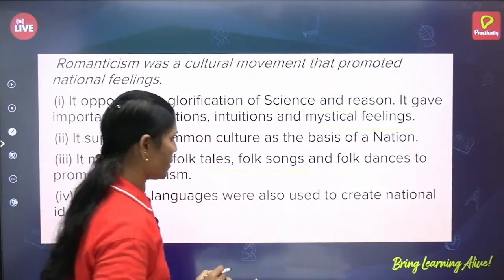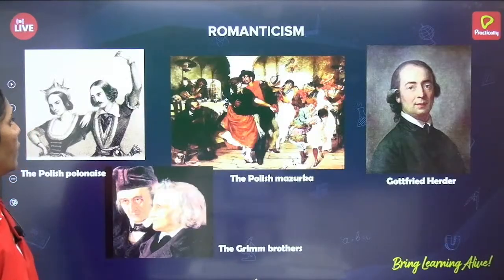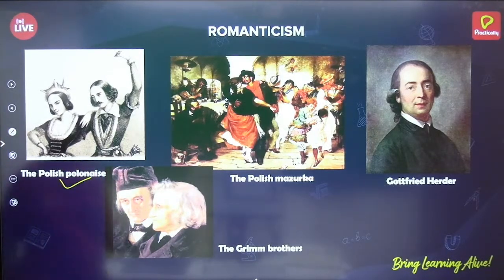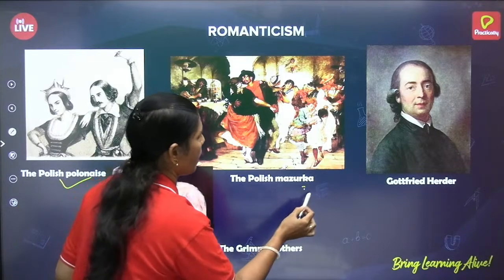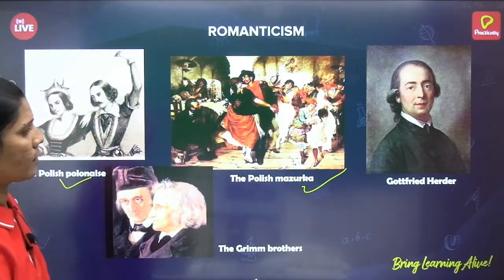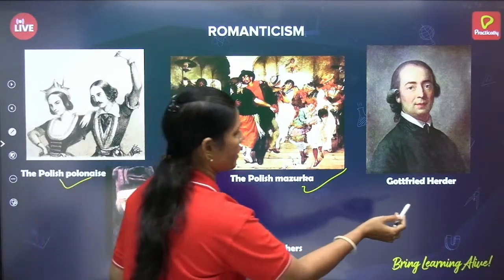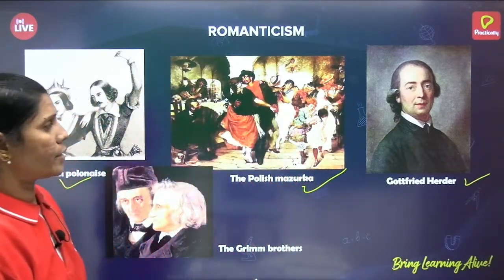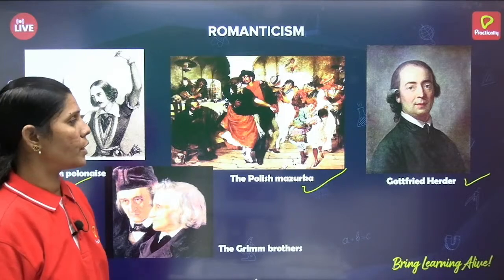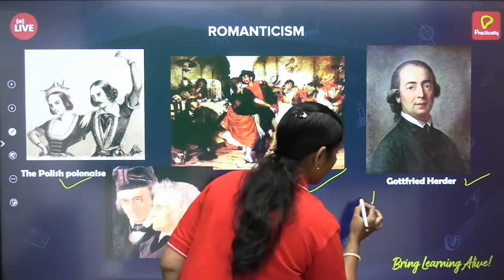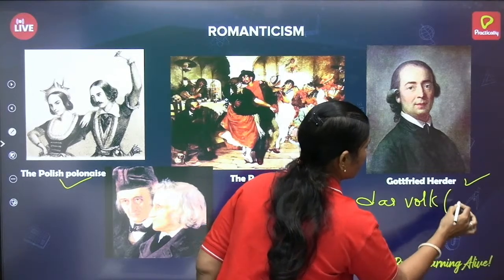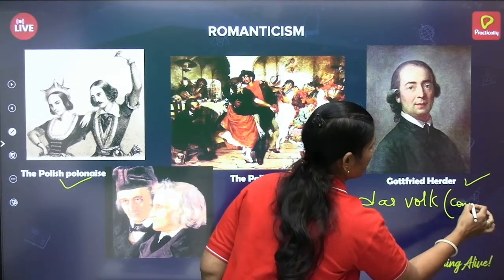One more time here, I can see here. See, the Romanticism picture. This is about Polish mazurka. It's a type of dance. Johann Gottfried Herder is the person who has written about Volk. Volk is nothing but common people.